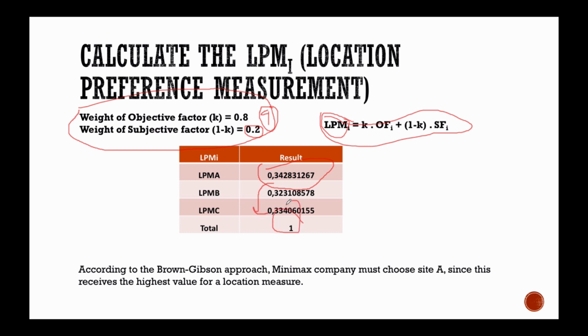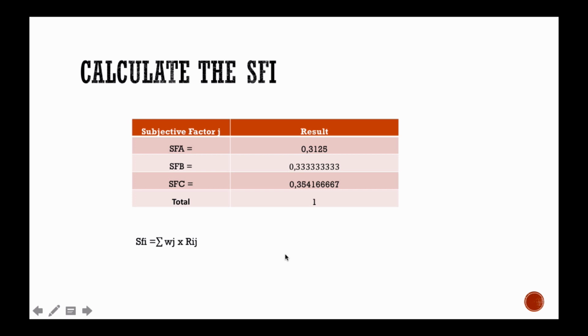So according to the Brown-Gibson approach, the Minimax company must choose site A, since the answer is the highest value for location measure. But we can see that because I state that the objective factor is 0.8, it very much influenced the result, because the subjective factor of site A is the lowest among the others.